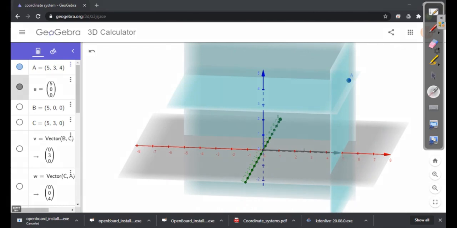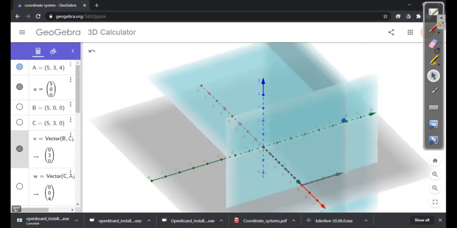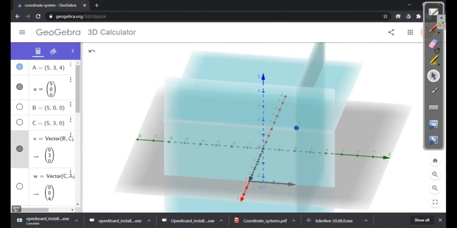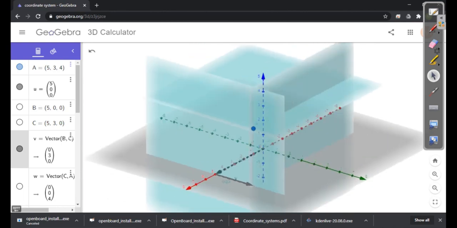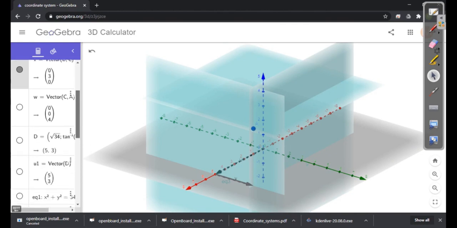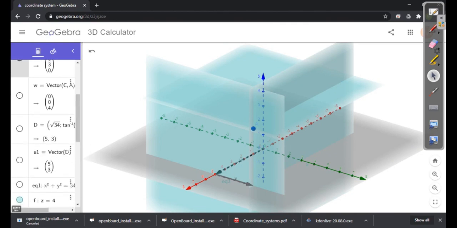Now if I move further along the y axis, towards the direction of y, and the third one I have to move along the z axis.